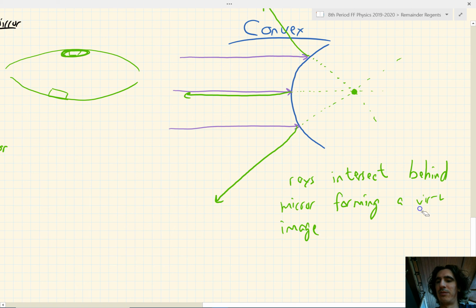And what that means is that they reflect behind the mirror, so it's not a real image. There's no image formed outside of the mirror.